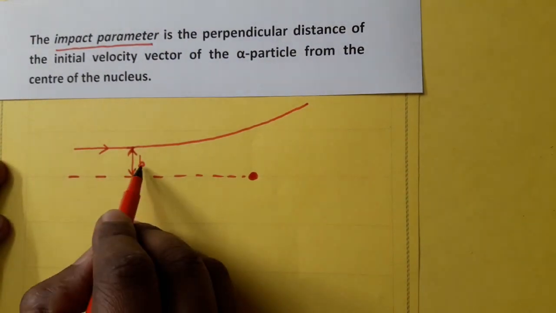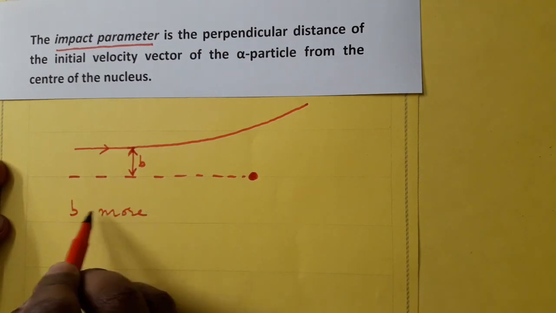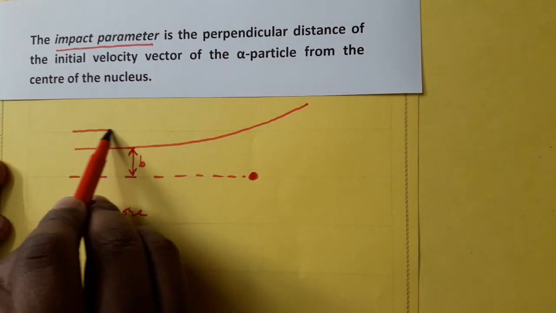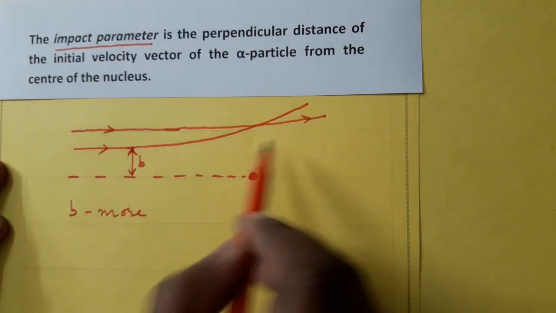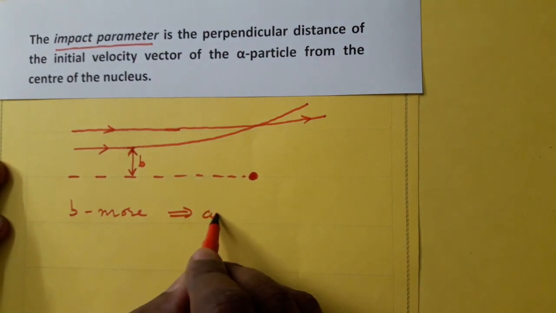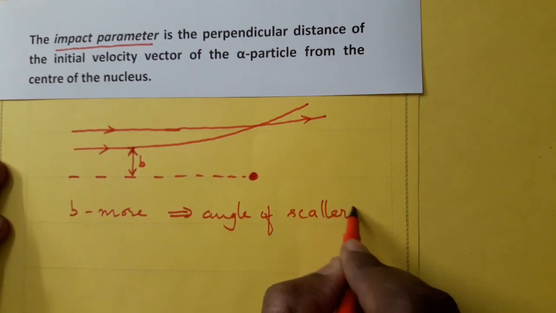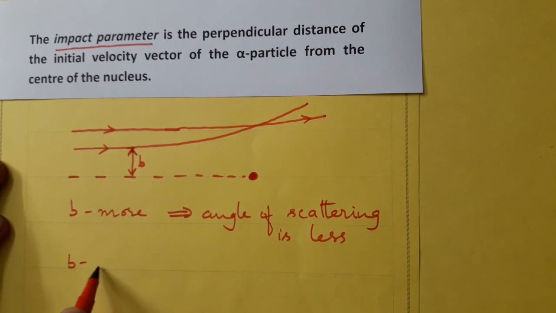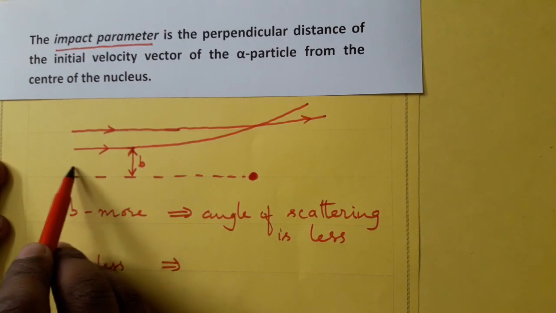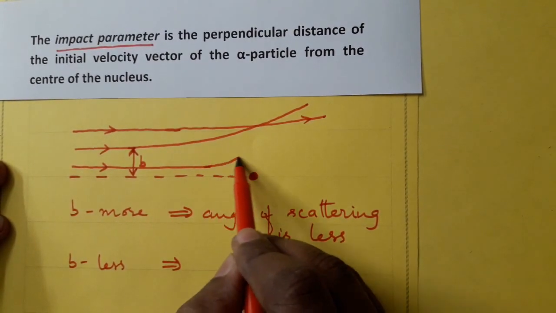Okay, now let me cover a few more points. Suppose impact parameter is more. Impact parameter is more means distance should be more. As a result, deflection will be less. So this implies that angle of scattering is less. If impact parameter is less, means close to the nucleus, then the alpha particle experiences more repulsion, so deflection is more.